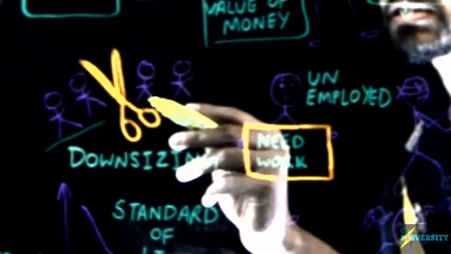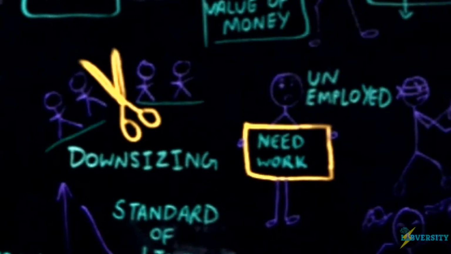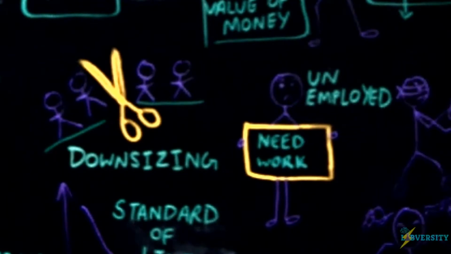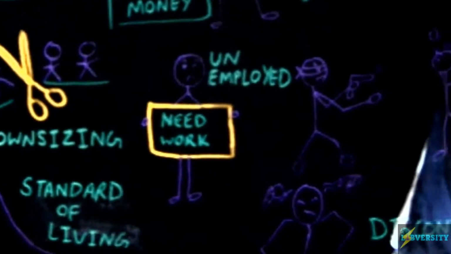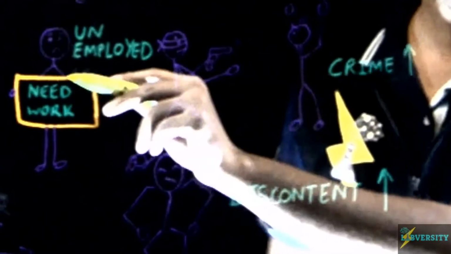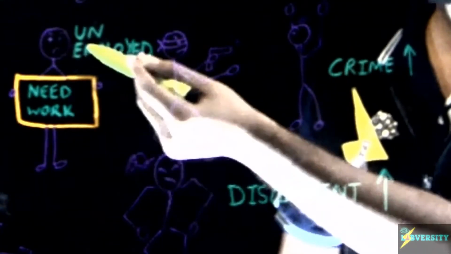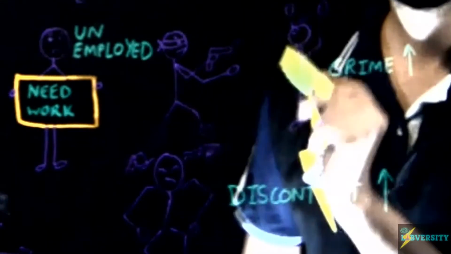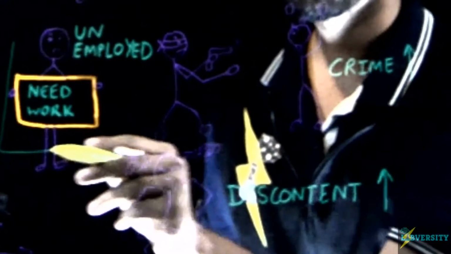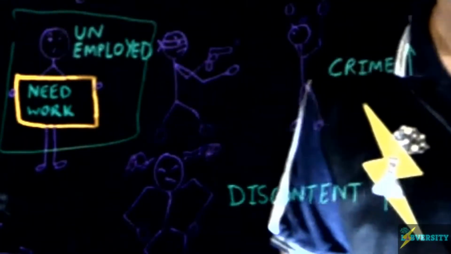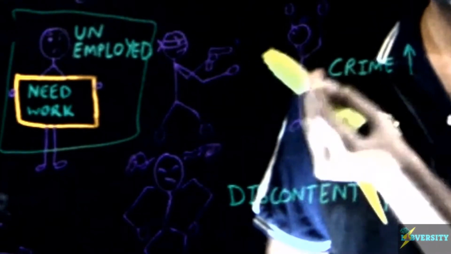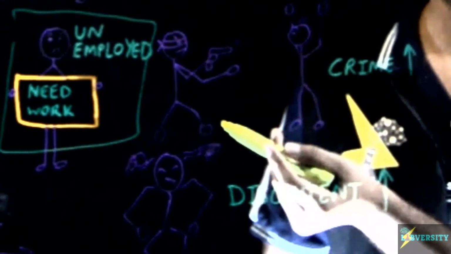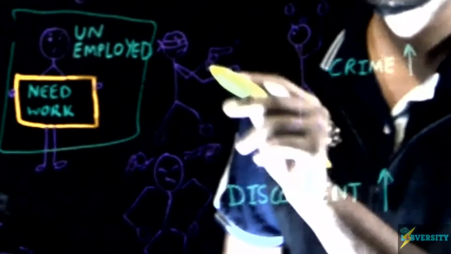Now downsizing means they are going to lay off some of the employees and get the work done with some of the remaining employees. This would mean that their cost would be reduced. They won't be paying a lot of salaries now, they would be paying less salaries, but this leads to what we call unemployment.